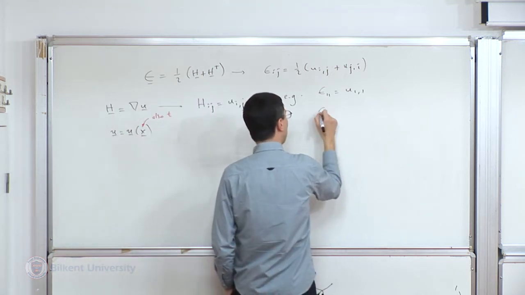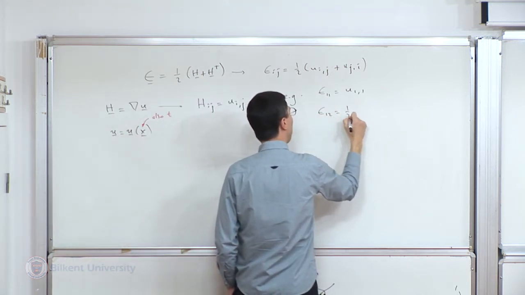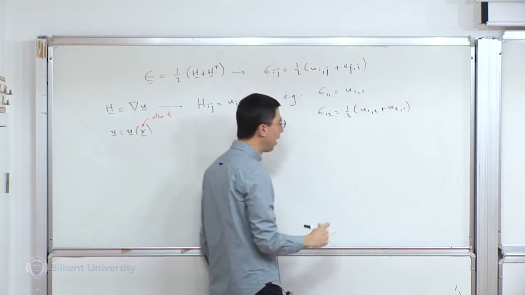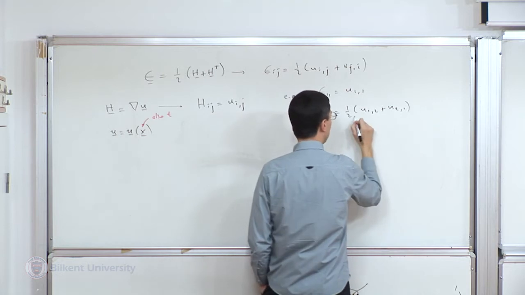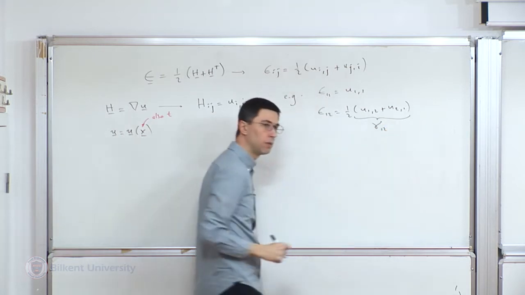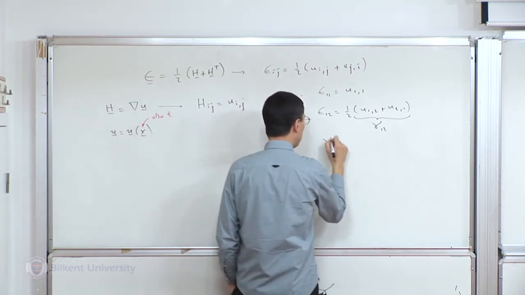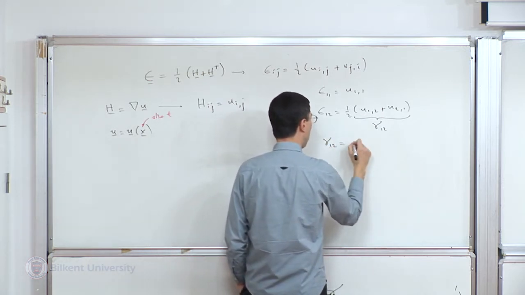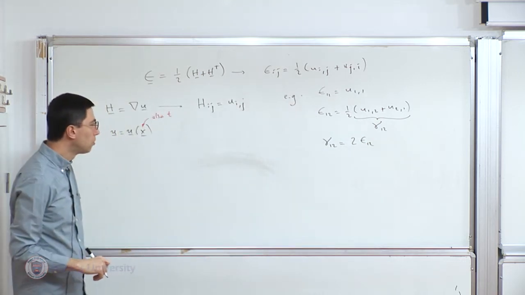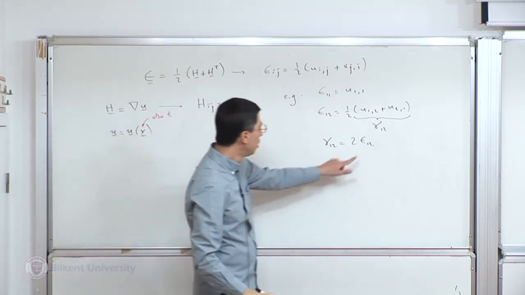On the other hand, epsilon_2 is 1/2 (u_1,2 plus u_2,1). And this part of epsilon_2 is gamma_2. In other words, what we used to call gamma_2 in 231 and 232 is really twice the shear strain.